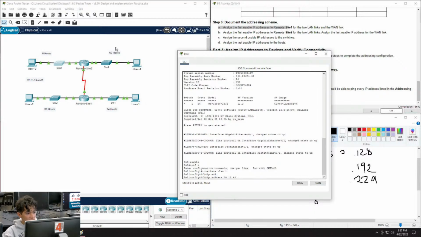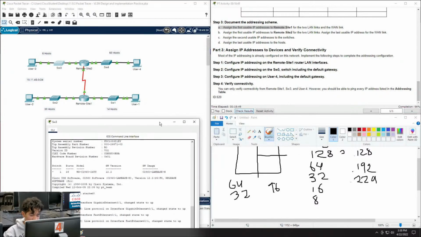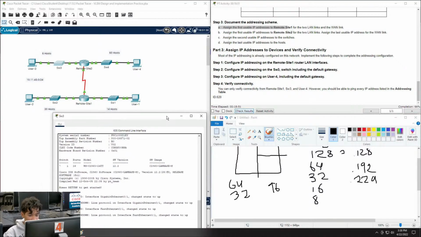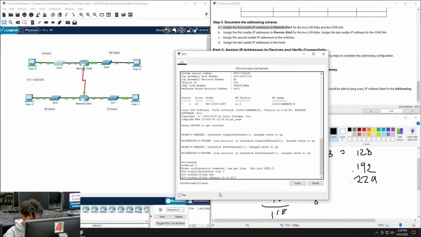Second usable. This is after the 64, and after the 32, and after the 16. So that'd be 96 plus 16 should be 118. Hopefully. 118.